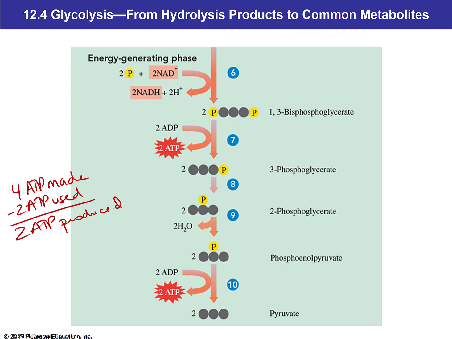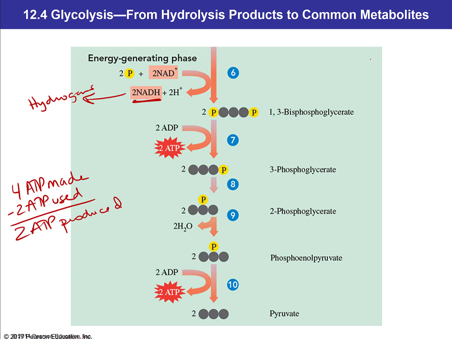What's another product that you see up at the very top? We make some NADH. That's a couple of hydrogens that get pulled off of the glucose skeleton that's left behind. So we get 2 ATP and we get 2 NADHs.